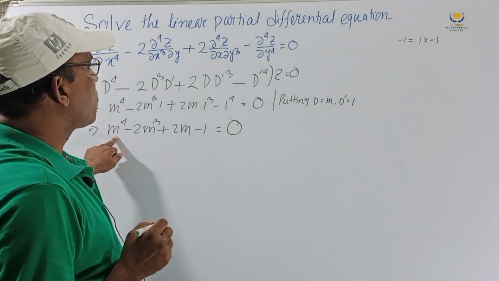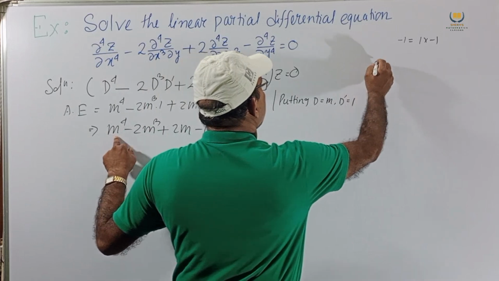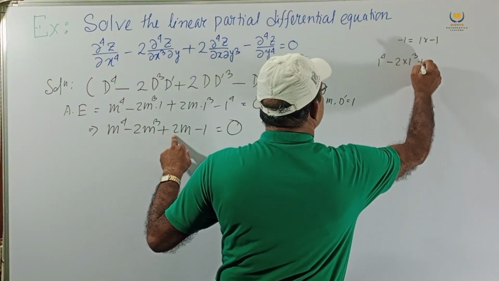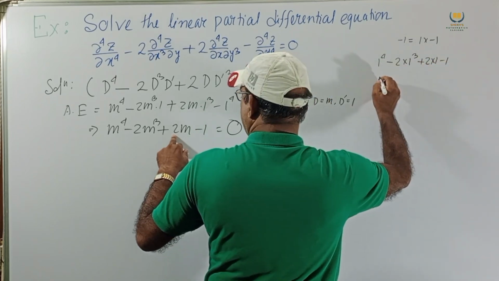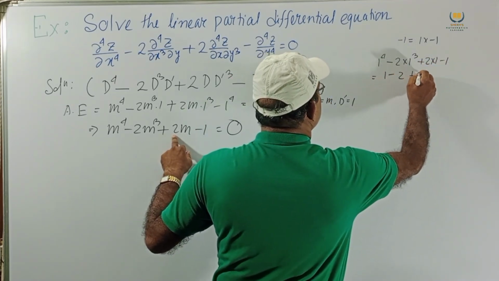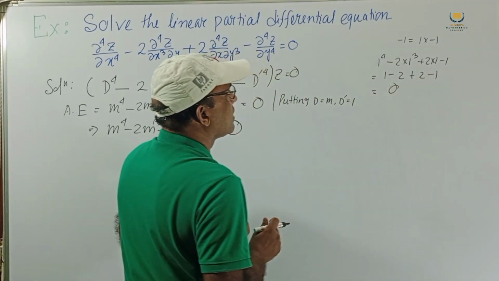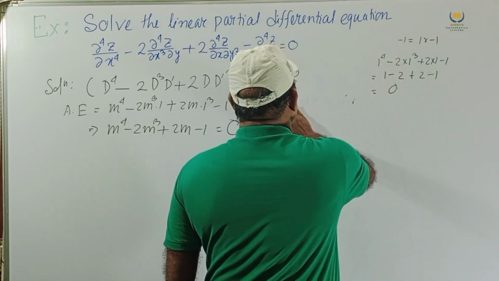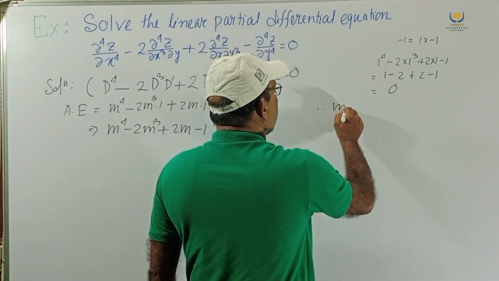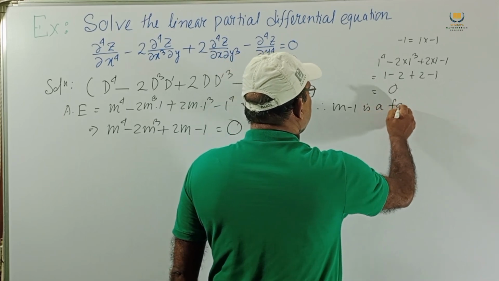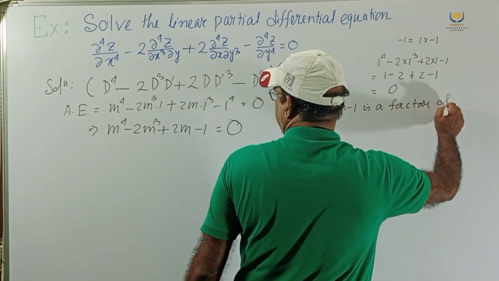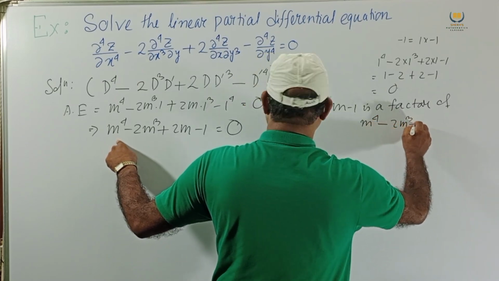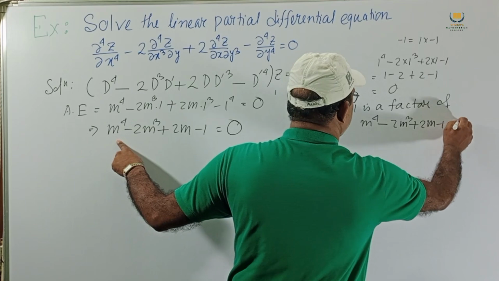Putting m = 1: 1⁴ − 2·1³ + 2·1 − 1 = 1 − 2 + 2 − 1 = 0. So m = 1 is a root, and therefore m − 1 is a factor of m⁴ − 2m³ + 2m − 1.